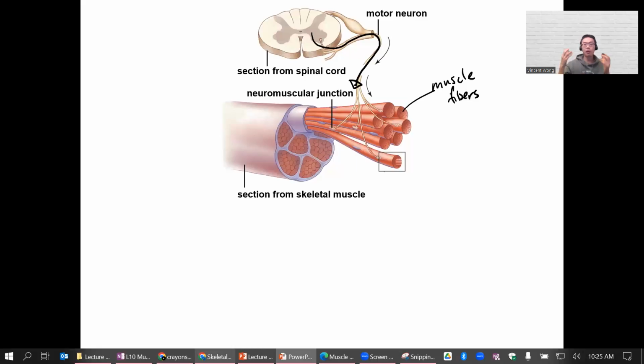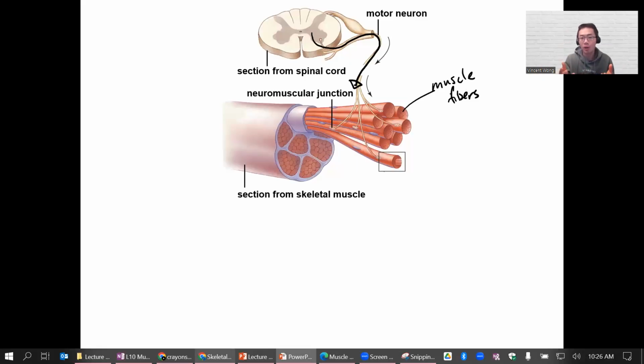as opposed to your thigh muscle, where it's just an explosive type of contraction, right? That you need when you're running, for example, or even walking. That requires more force and less fine control. So in those areas, the ratio of muscle fibers per motor neuron is much higher.